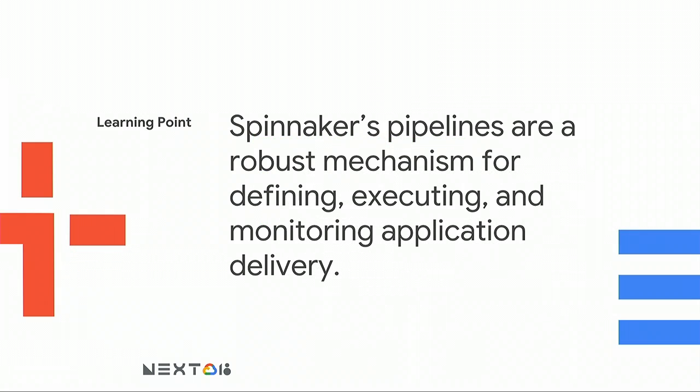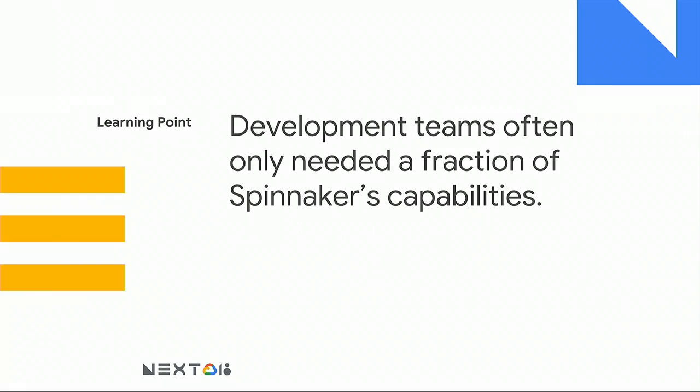And as we started rolling this out and working with these pilot teams, we learned a lot about Spinnaker, right? Because no one had the experience with it yet. But we knew that Spinnaker's pipelines were very robust at modeling how we wanted to roll applications out to places. It gives you just about anything you need out of the box to do that. But we didn't use all of it all the time.